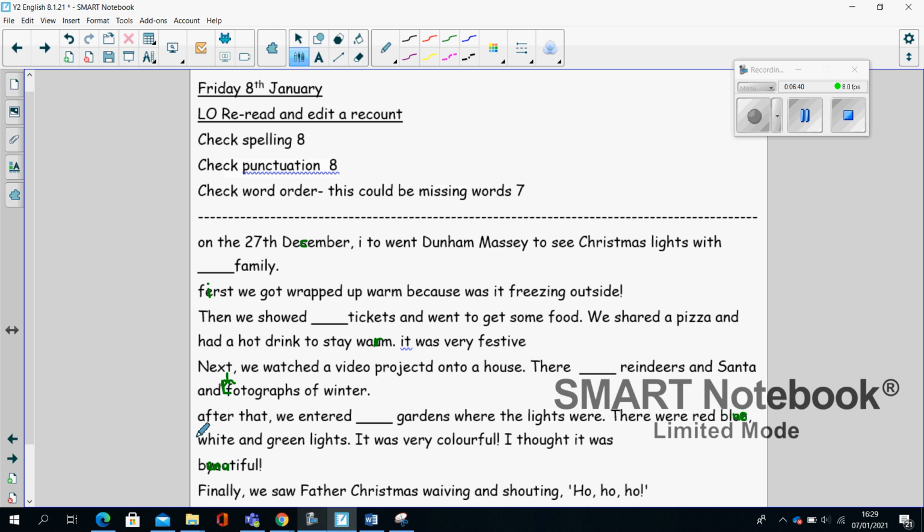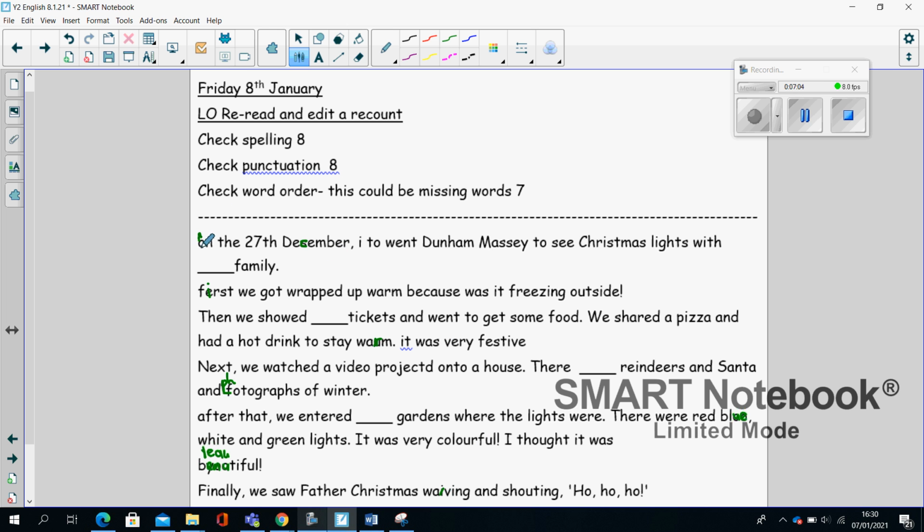I might write that above because that's quite tricky to see. So it's EAU. And here waving, it doesn't need the I, it's just A that makes the A in waving there. So those are all spelling mistakes.